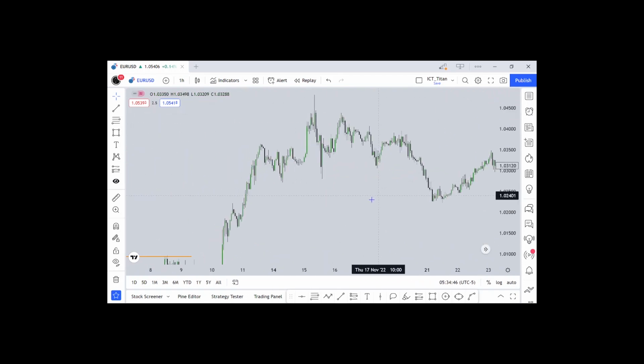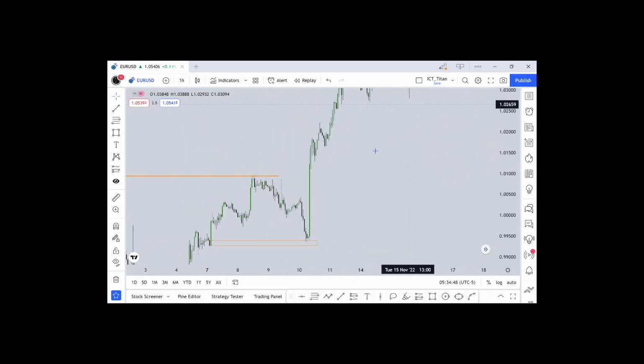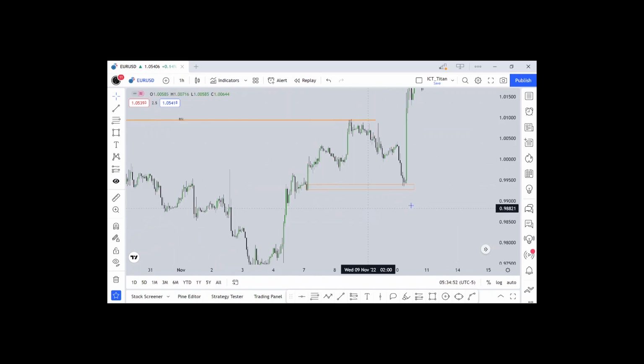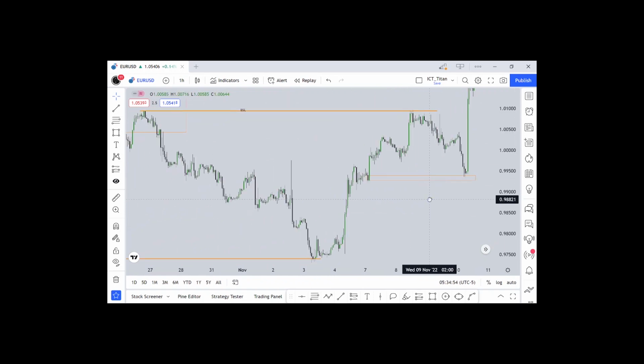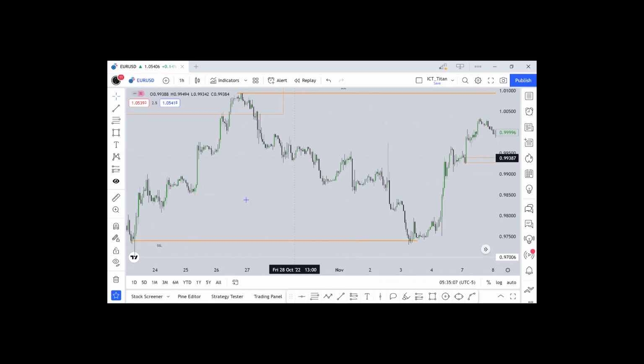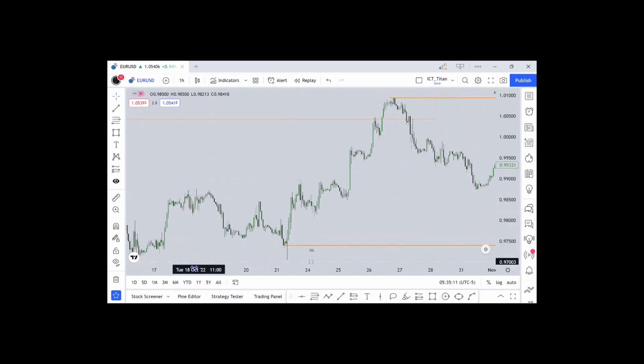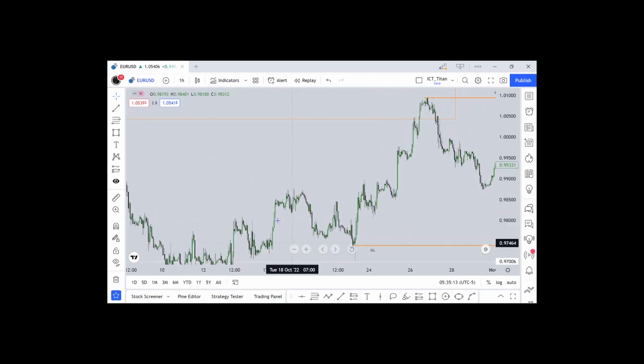So that's how I do my analysis, keeping the point of interest in mind, doing it from the bottom up, doing analysis from the higher time frame to lower time frames, and knowing what to look for.